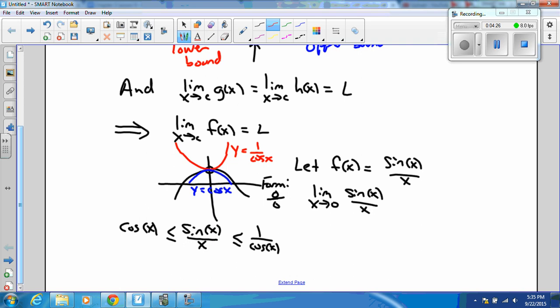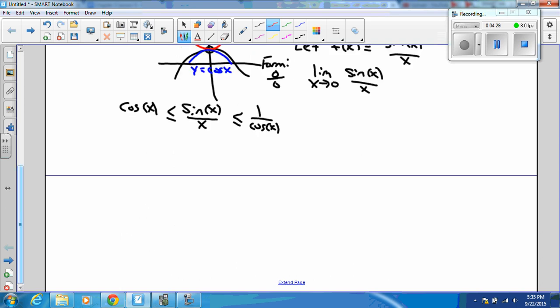And now for the squeeze theorem magic. If I take the limit as x goes to 0 of the two outer functions, then both of these are easily evaluated because cosine is a nice continuous function and cosine of 0 is equal to 1. In case you forgot that, check your unit circle.